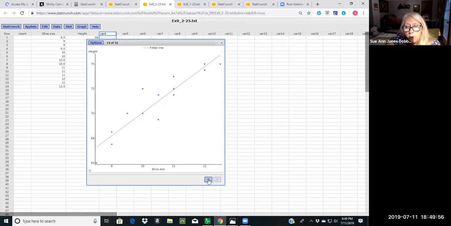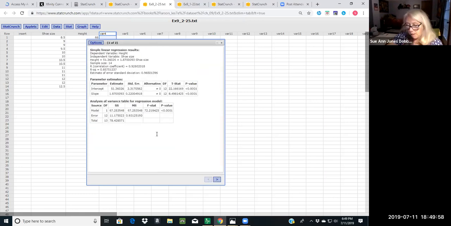So I'm going to go back to my results, and my results say that I have a calculated R value that is equal to 0.926 when I have 14 pairs of data. The Pearson value for 14 pairs of data at a 0.05 significance level is 0.532.